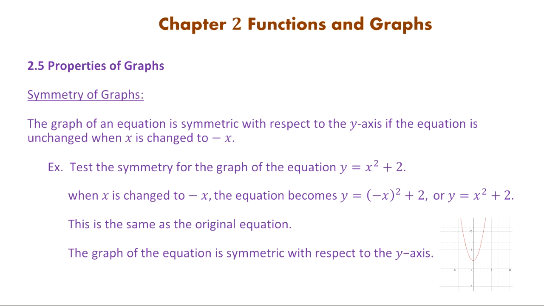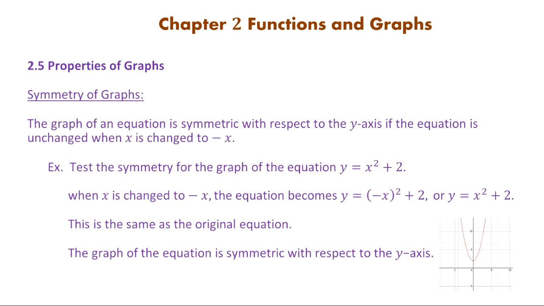In this case, you just change x to negative x and see whether the equation changes or not. The graph of an equation is symmetric with respect to the y-axis if the equation is unchanged when x is changed to negative x, as I said.